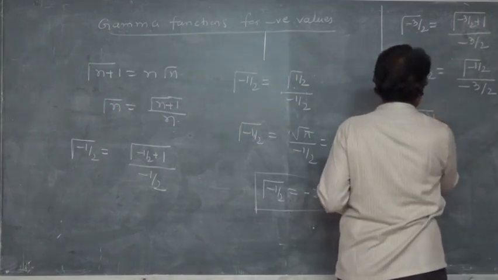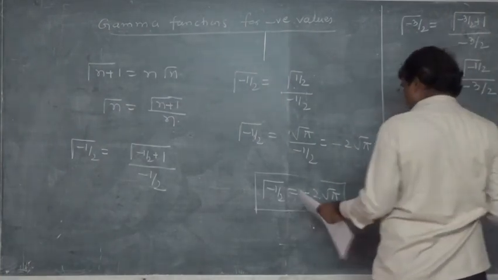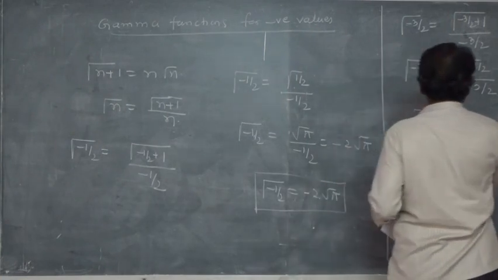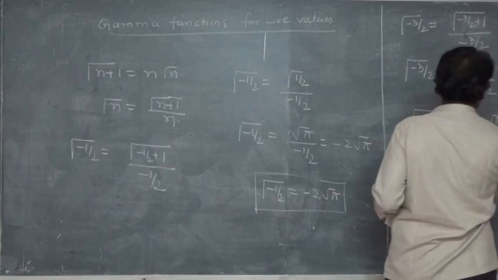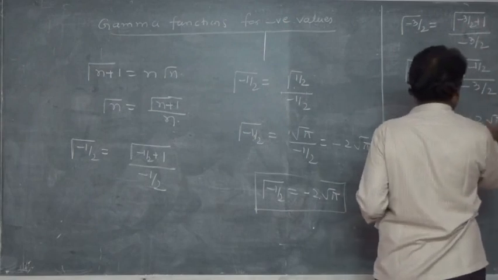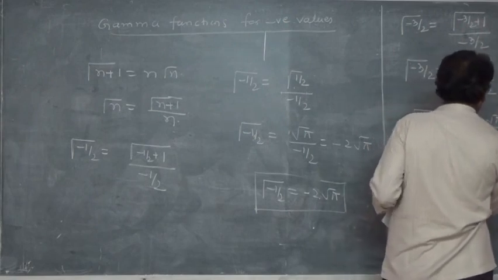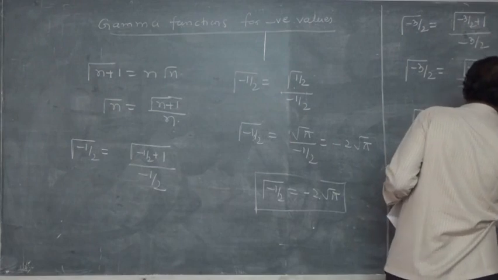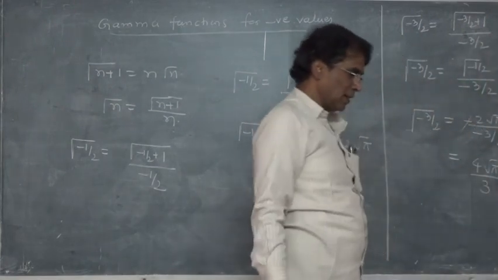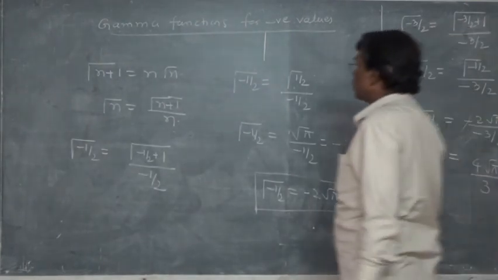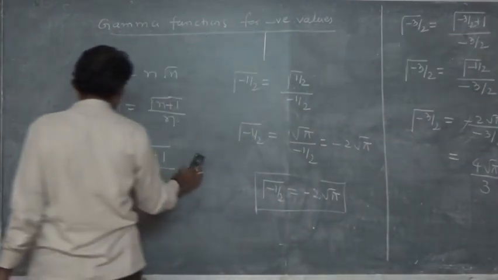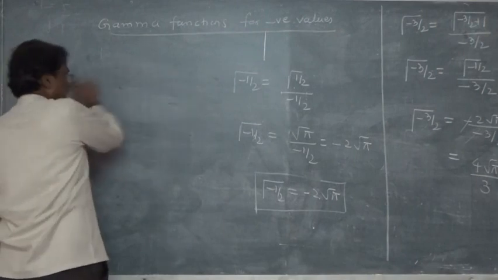But gamma minus half we just found out, it is minus 2 root pi by minus 3 by 2. The minus signs cancel, 2 goes to the numerator, and this is 4 root pi by 3. Gamma minus 3 by 2 is equal to 4 root pi by 3.